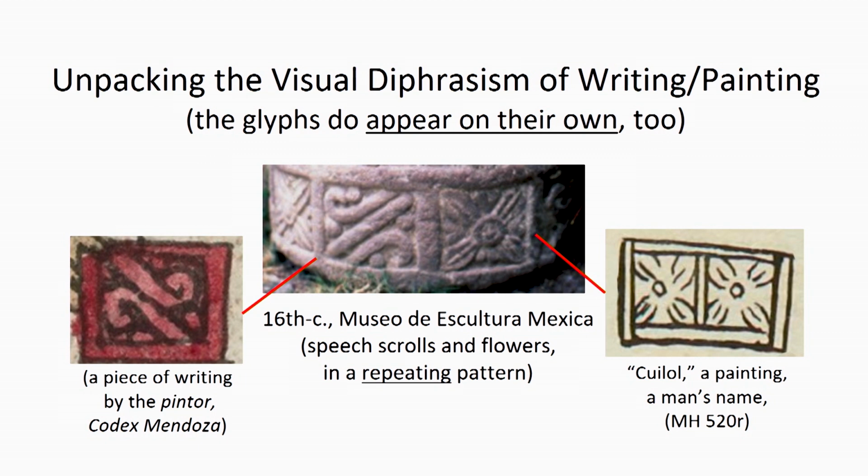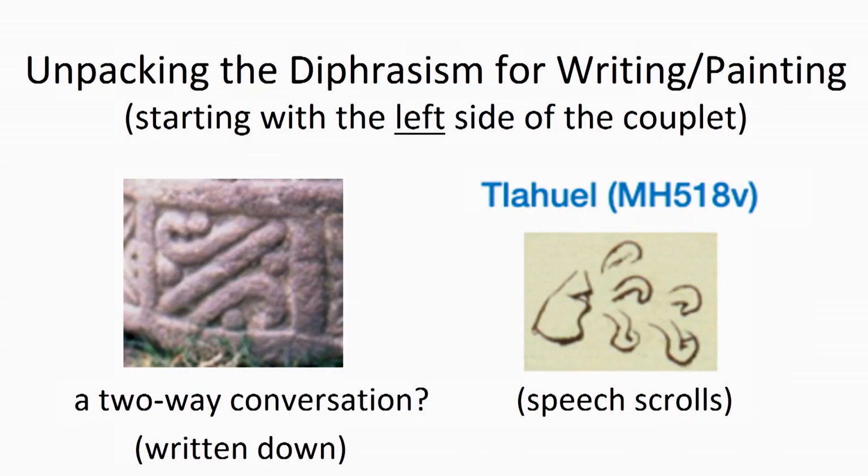There's still writing for some time, for many decades really, in hieroglyphs, and so comparing these. So here are some speech scrolls on the right, which give us an idea of what we're seeing on the left, which may be a two-way conversation, one scroll going one way and one going the other. And it was apparently written down, if we're talking about painting and writing.